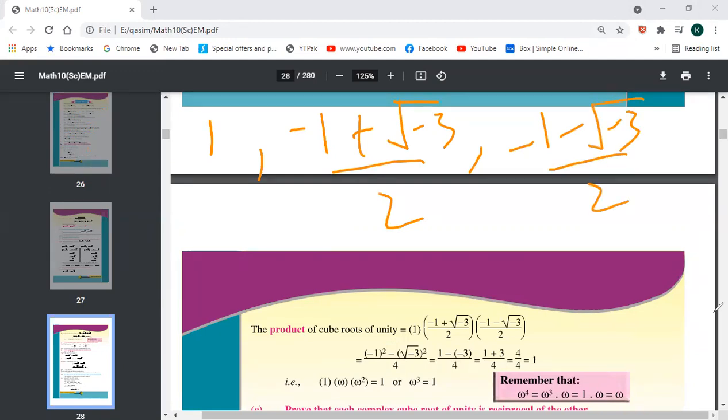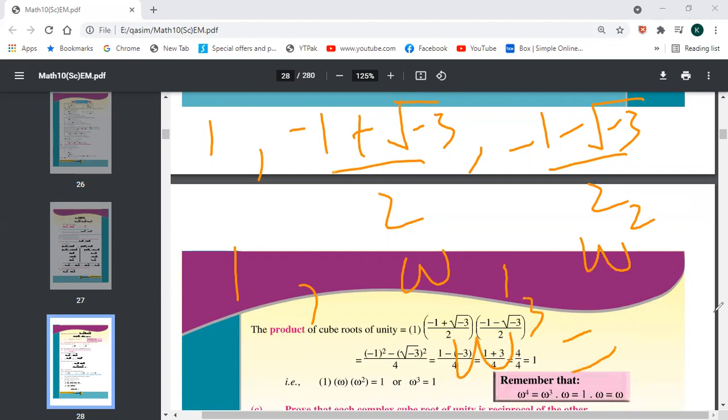The second is generally written as omega. So 1 into omega, this must be omega square, so this value is omega cube.